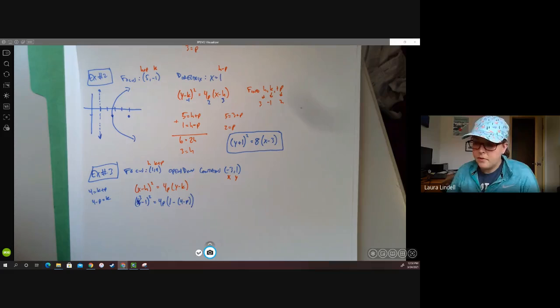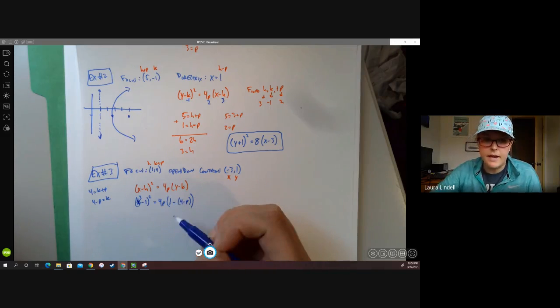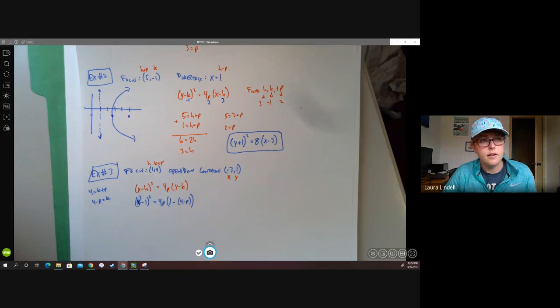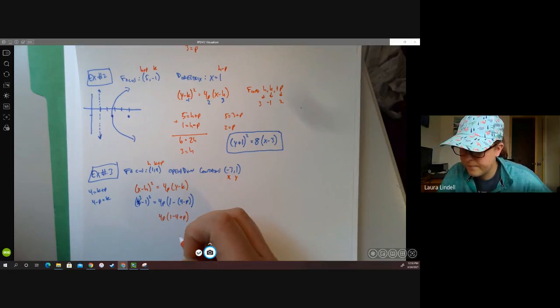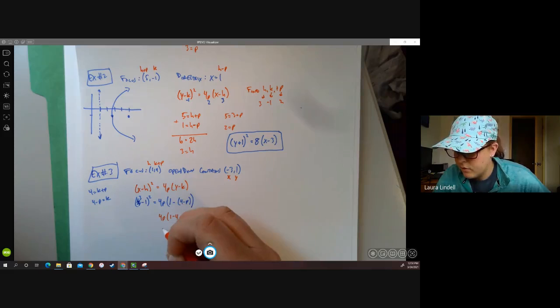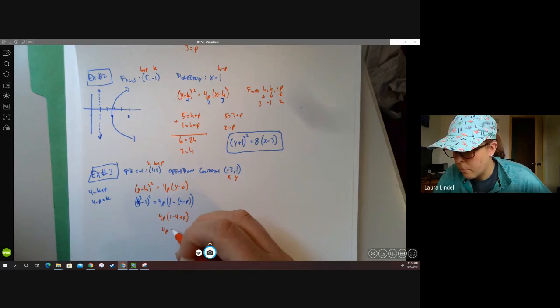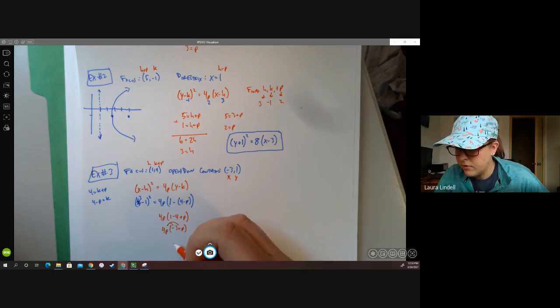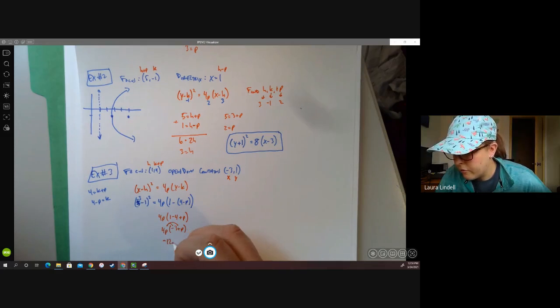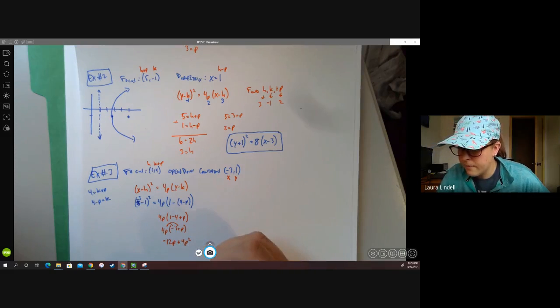Don't forget the parentheses because we will need to distribute that negative. So we get 4p times 1 minus 4 plus p, which means it's 4p times -3 plus p. So if we distribute, we get -12p plus 4p squared.